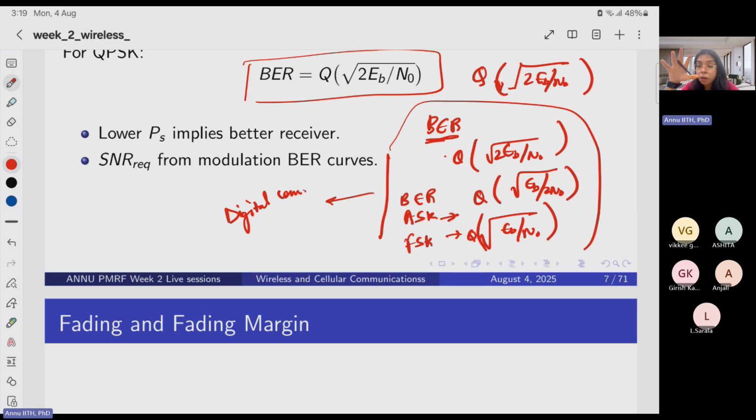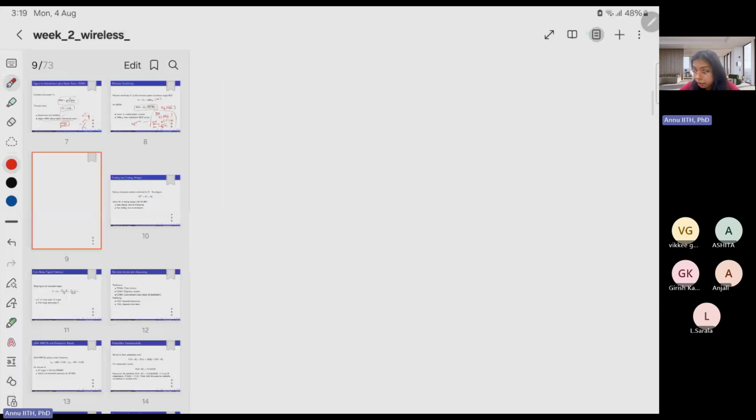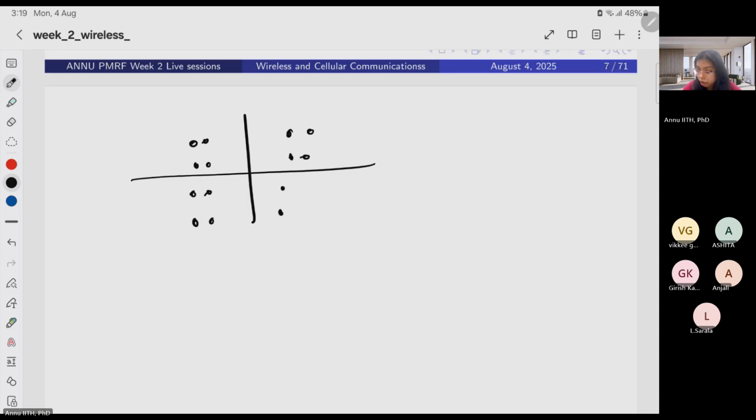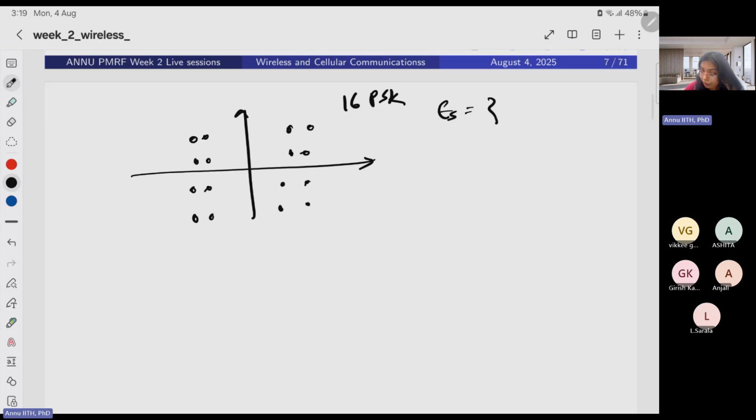The constellation diagram was given last class, 16 PSK. The question was how we calculated the average symbol energy.